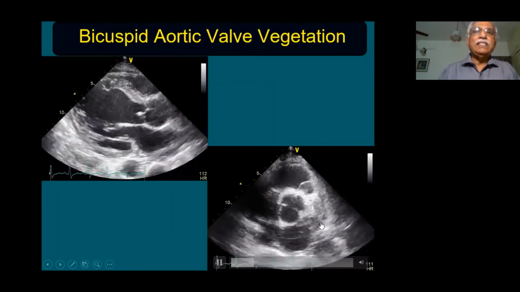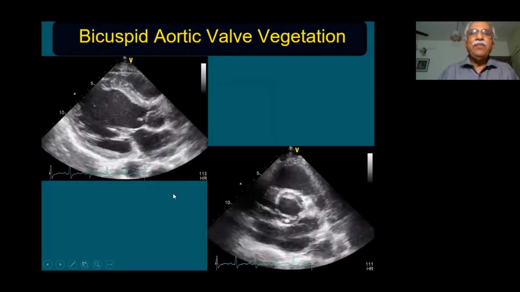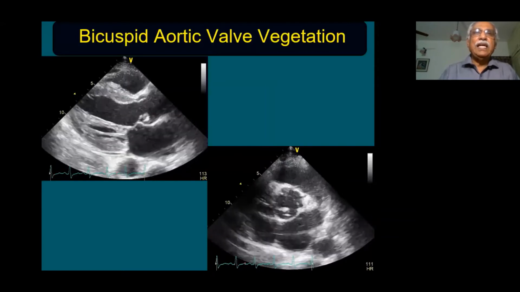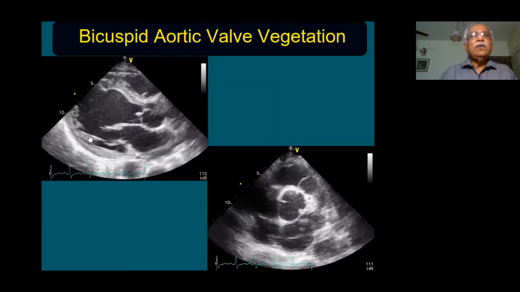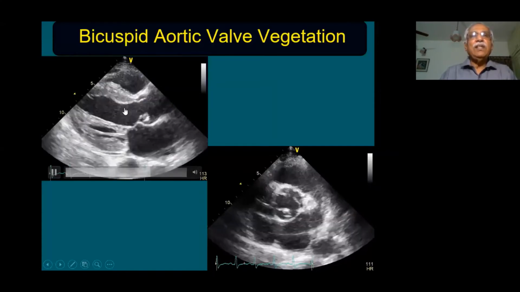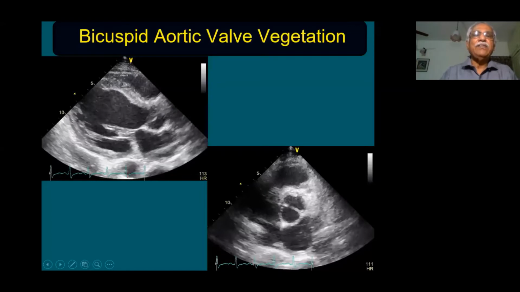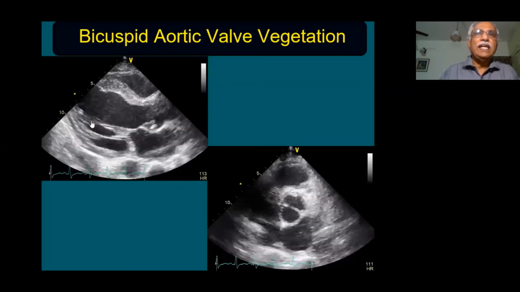Even if the vegetations are small and not picked up during the first week after the fever, they should have grown in size and produced a larger mass which should be easily detectable by echocardiogram. So repeat transesophageal echo in a patient with suspected endocarditis; if it is absent, then it almost rules out infective endocarditis.